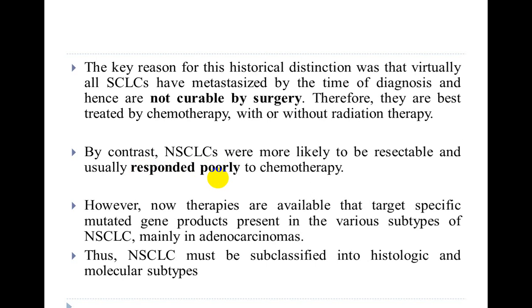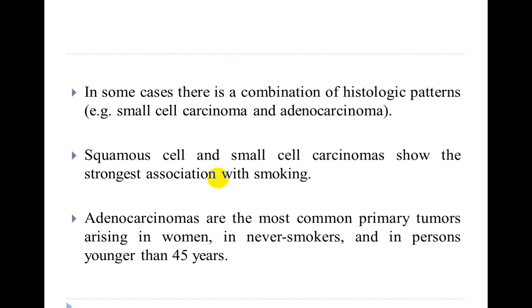However, now therapies are available that target specific mutations in the genes, so non-small cell lung cancer is being better controlled, and it must be sub-classified into histologic and molecular subtypes.